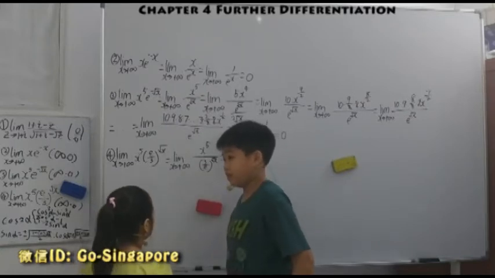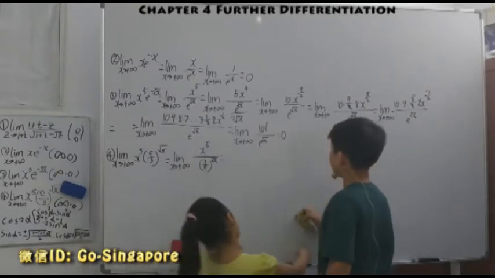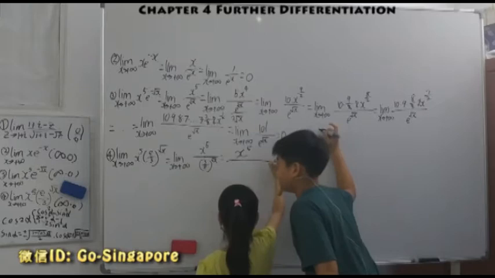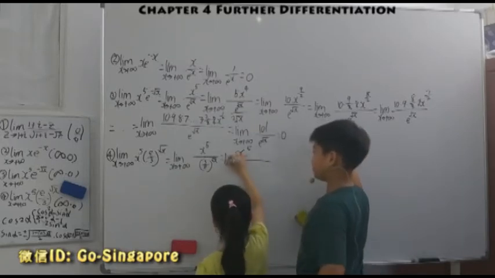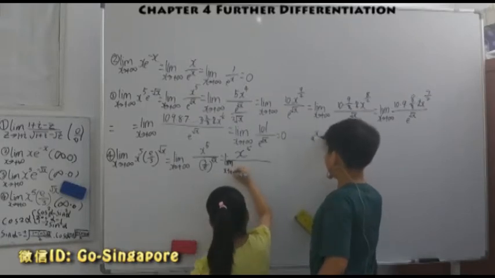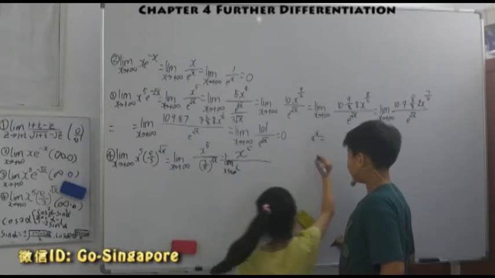Can we write it in any other ways? Okay, let me test you. I know the numerator is the same. Where is your limit? So a to the power of x, what can this be?